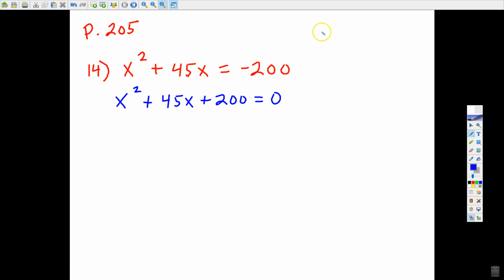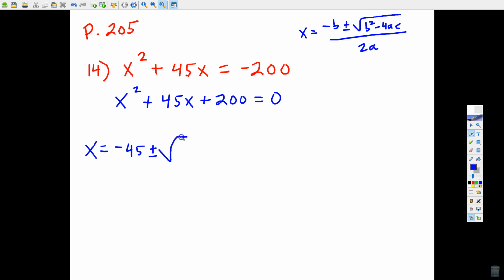And just in case you don't remember the quadratic formula, I'm going to write it up here. The opposite of b plus minus the square root of b squared minus 4ac all over 2a. All right, so let's plug in. X is going to be equal to the opposite of b, so that's going to be negative 45 plus minus the square root of b squared. So we need to grab our calculator and let's see what 45 squared is.